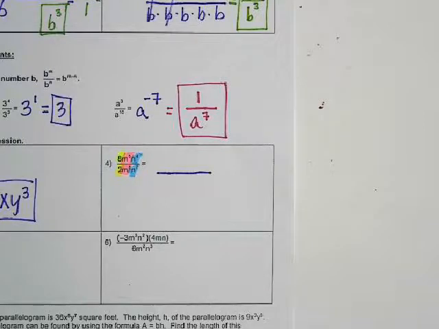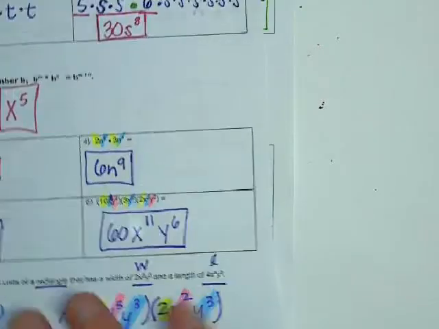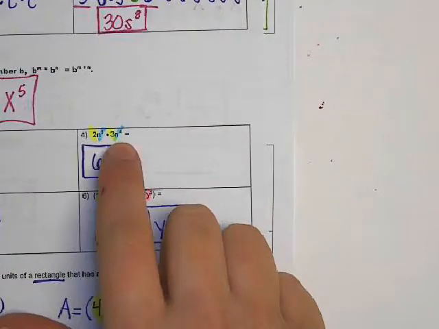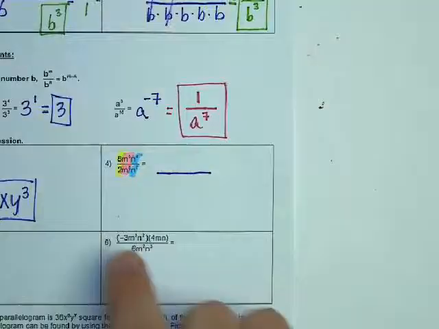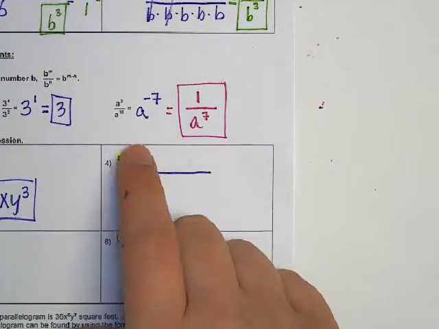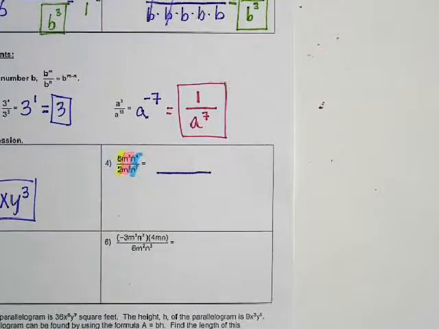Just like when you multiplied, you multiply the big and add the little. When you're dividing, you're going to divide the big and subtract the little. So, what is 8 divided by 2? 4. Now I have to decide, where does the 4 go on the fraction bar? On top.